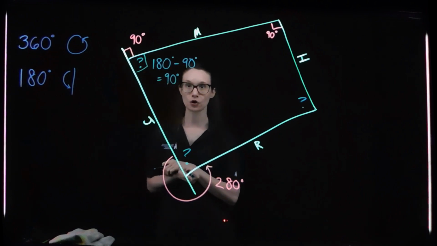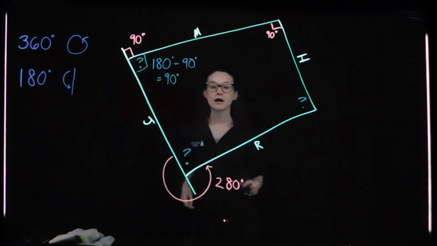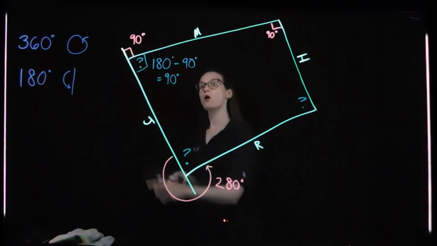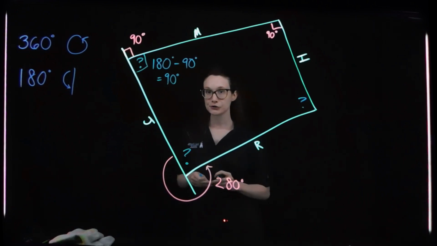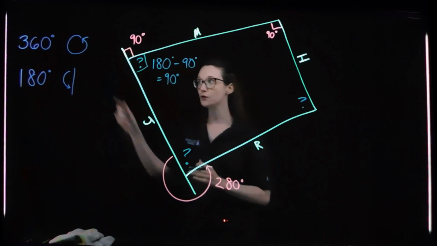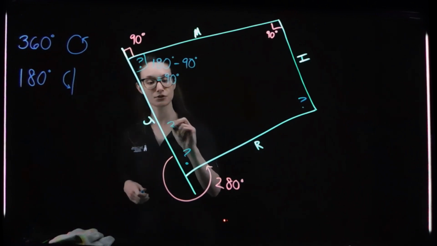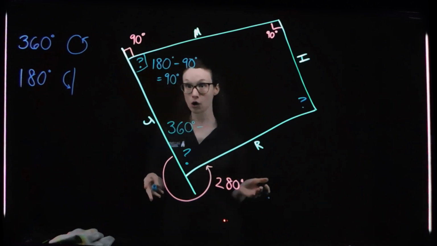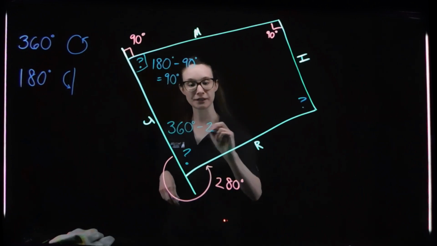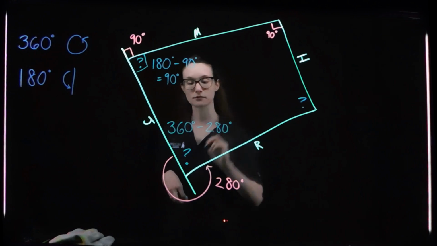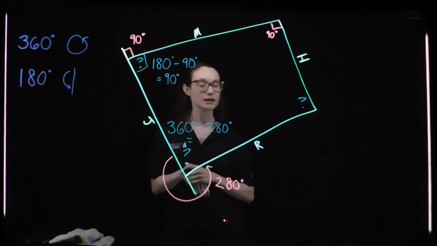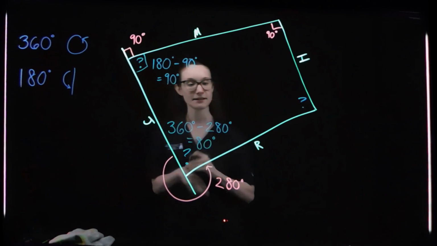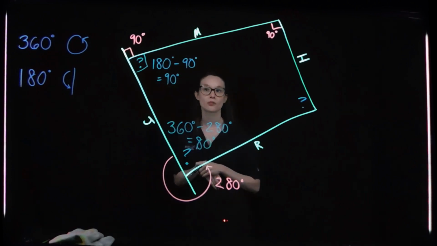Indicate that with a right angle. Down with Jones and Richardson, we go all the way around the intersection, so a full 360 degrees, but I already know 280 degrees of that distance around. So doing a wee bit of math, this ends up being an 80-degree angle.